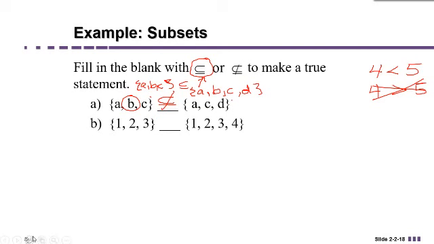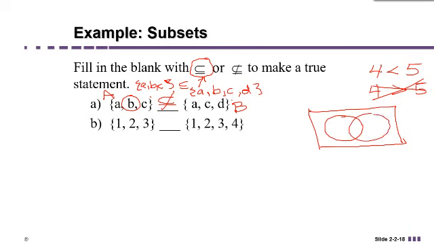Okay, so how about, well, before we move on to part B, let me draw a little picture of what we just saw. If this is the set ABC, we'll call it capital A, and the set ACD, we'll call it capital B. So I'm going to draw a Venn diagram of set A and set B. And here's my universal set U, whatever that is.